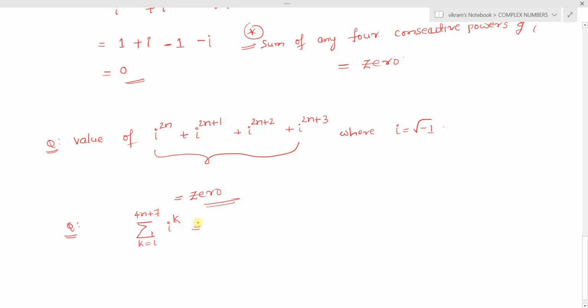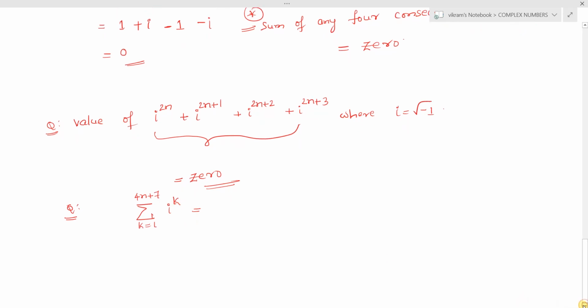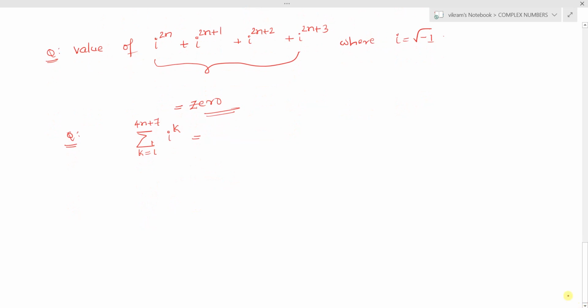What is the resultant? If we expand the summation, when k equals 1 we get i plus i squared plus i cubed plus i to the power 4, and so on.